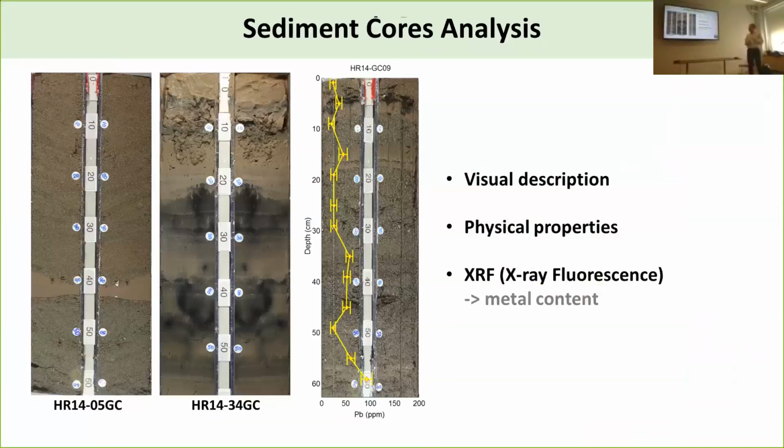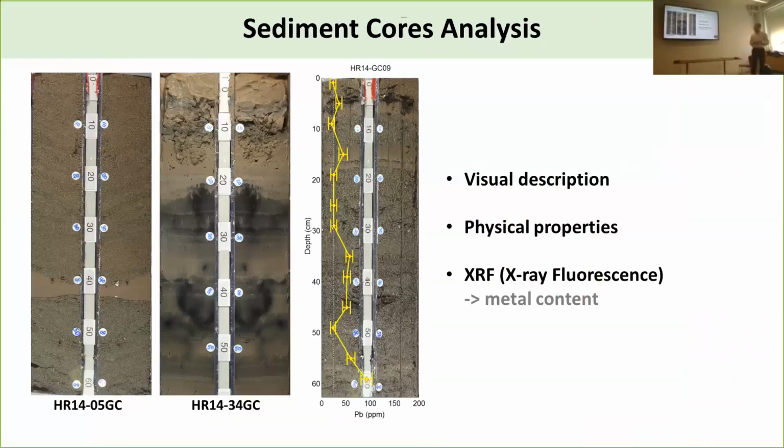Good. And then the second part is we had sediment cores, in different areas, and in some of the sediment cores you can sometimes actually see differences visually. Light brown to dark brown indicates that there were different layers of sediment.